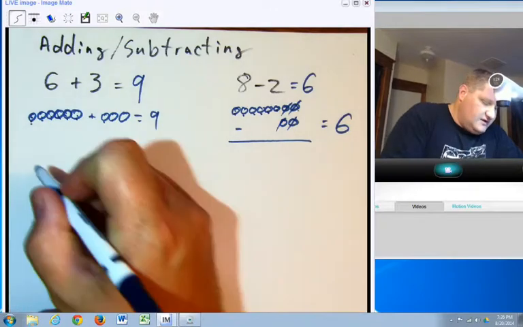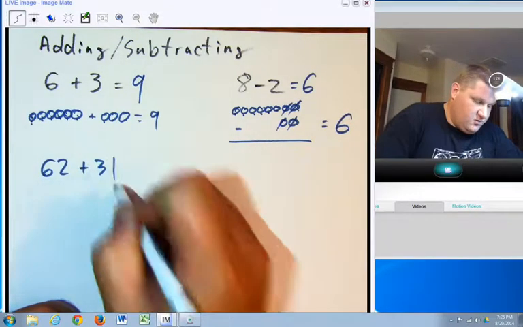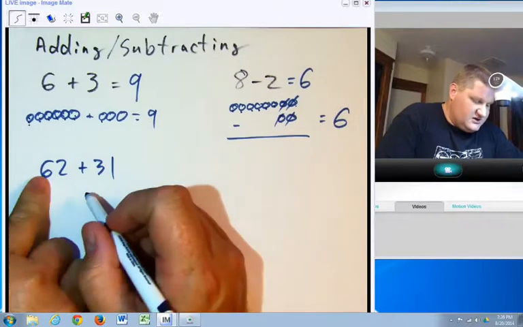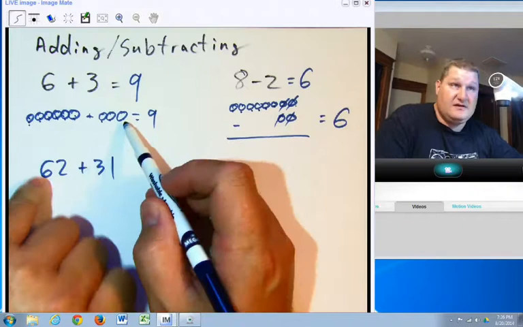Now, let's do something a bit more difficult. Let's go 62 plus 31. Well, we certainly don't want to do 62 of these guys and 31 of these guys.